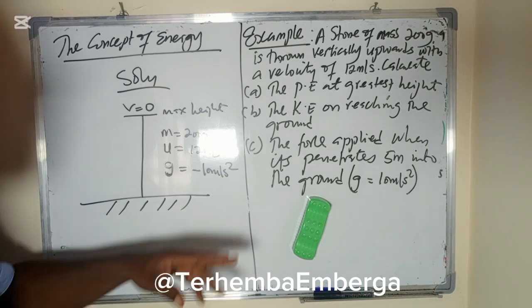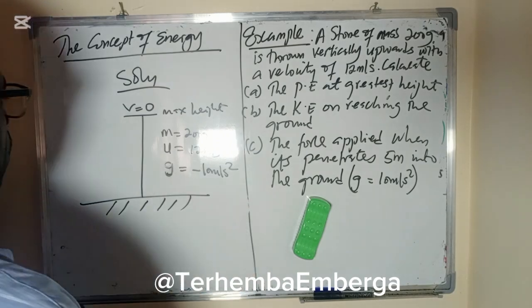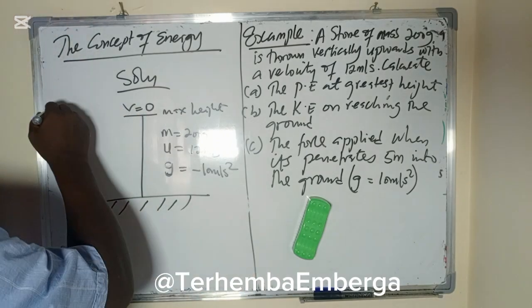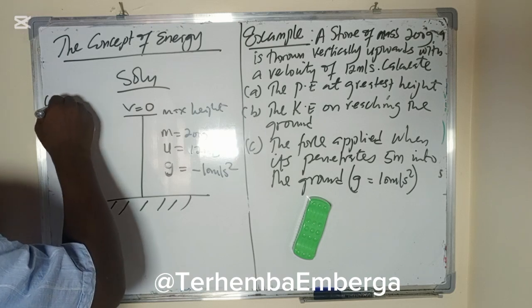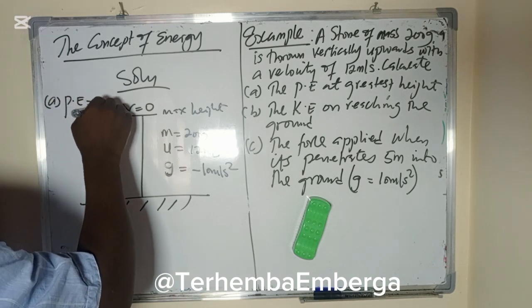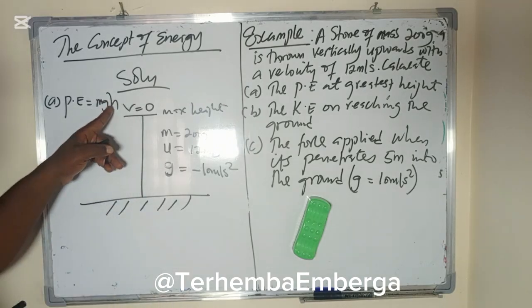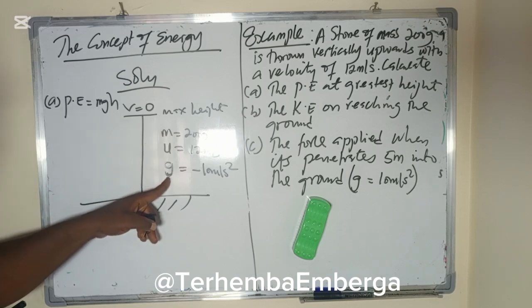So the A part says calculate the potential energy at the greatest height. At this point, the potential energy will be equal to mgh. But we don't know h. We know m, we know g, but we don't know h.